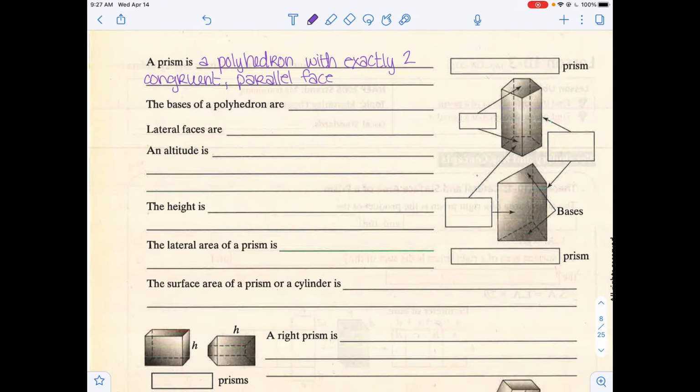And we usually refer to these as the bases. Think about these as the tops and the bottoms.